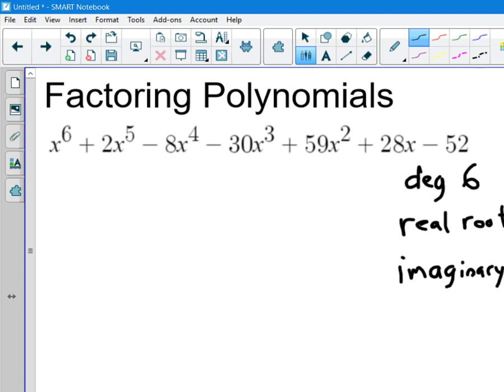If there's 0 imaginary roots, that means that there's 6 real. If there's 2 imaginary roots, then there's 4 real. And if there are 4 imaginary roots, that means there's 2 real. And finally, if there's 0 real roots, they all have to be imaginary. If you notice, the pairing of these numbers always has to add up to be the degree.